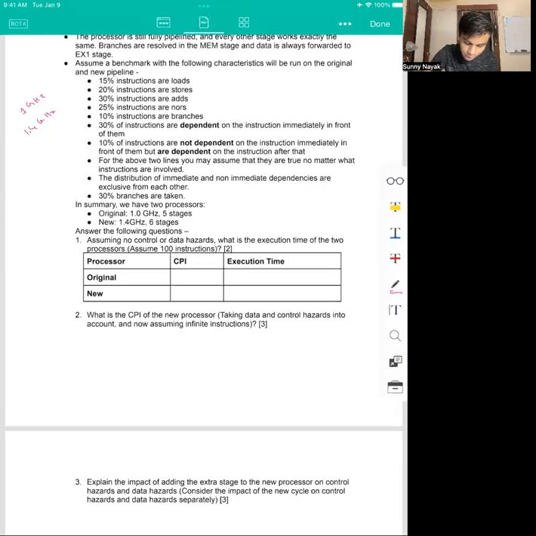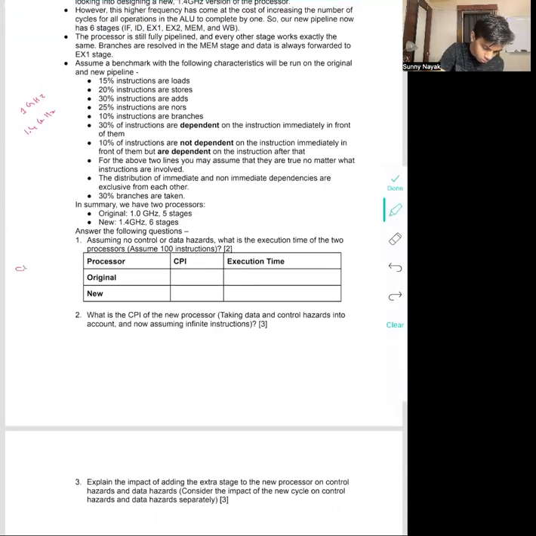Essentially, my CPI is going to be equal to 1 plus, remember we talked earlier about how it takes a certain number of cycles for my pipeline to clear out. If I have a 5-stage pipeline and I run 1 instruction through it, it has to take 5 cycles to execute, because it needs to go all the way through the pipeline.